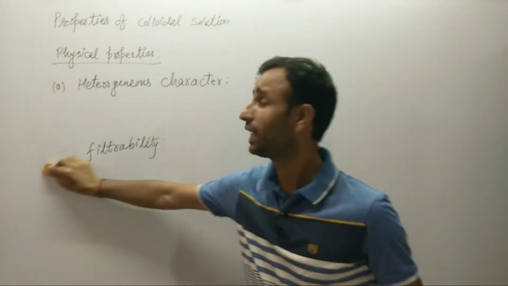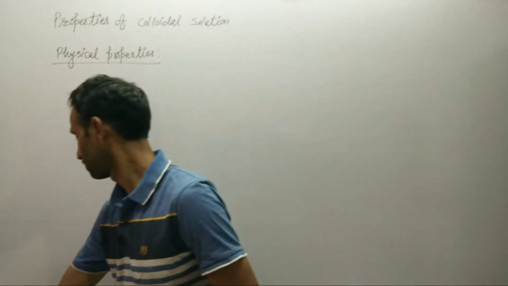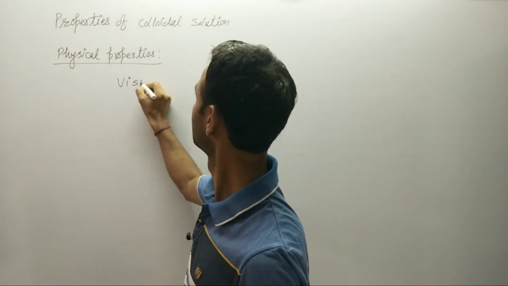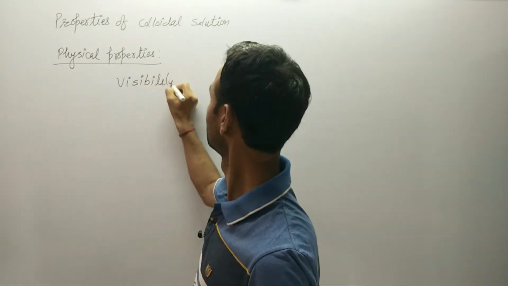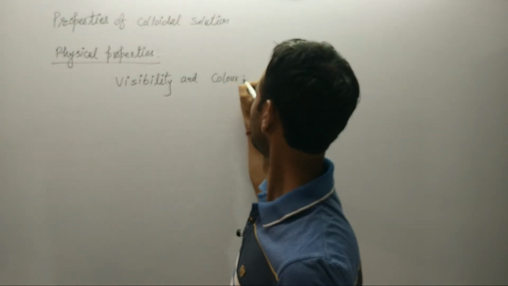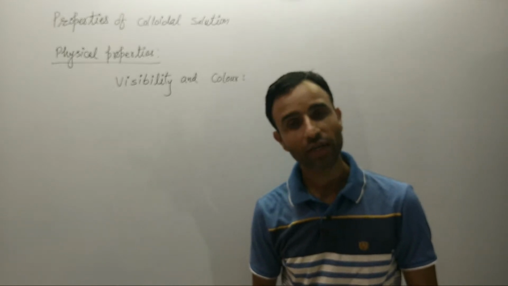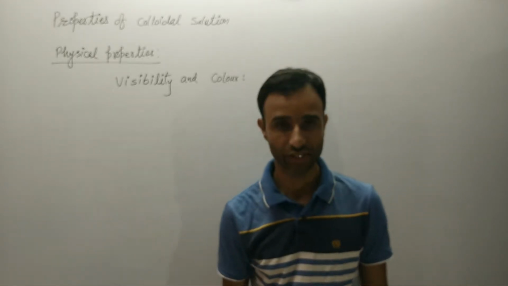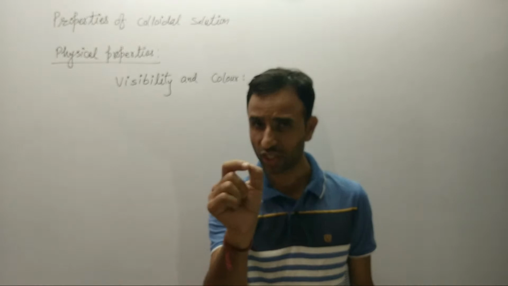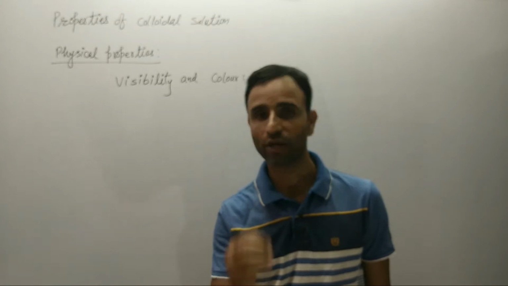Now visibility and color. So if we talk about visibility, colloidal particles are not visible to the naked eyes because they are very small, but they can be seen through ultra microscope.